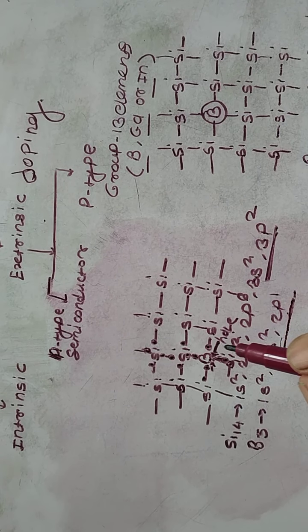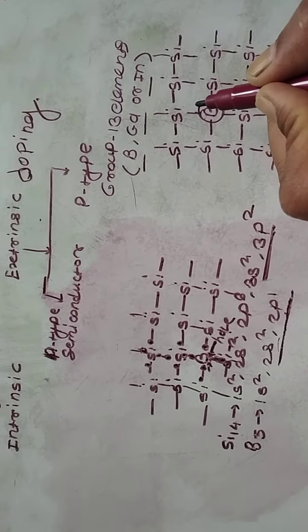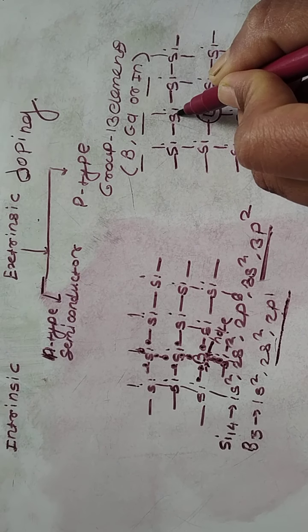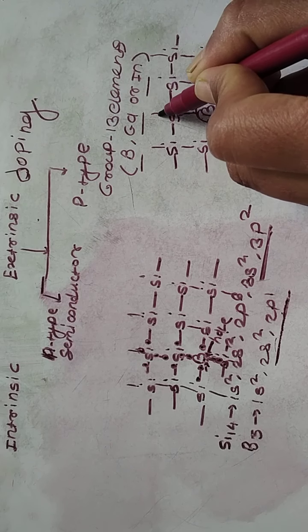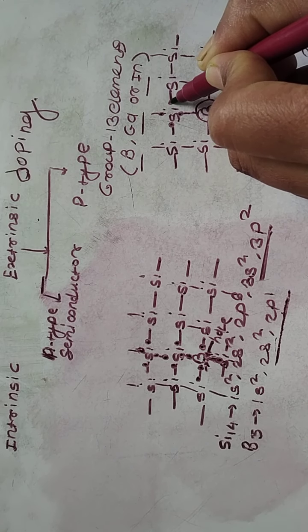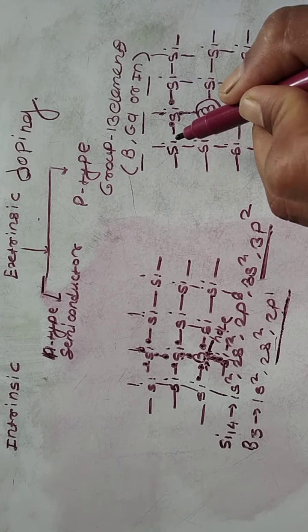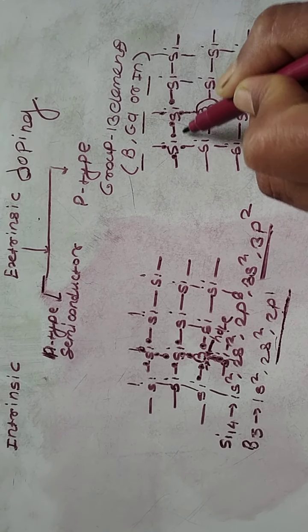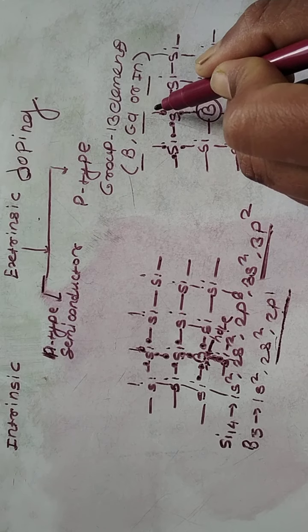I just showed here what happens. Each silicon has 4 electrons, so the neighboring silicon also has 4 electrons, and they can share electrons and form a bond.